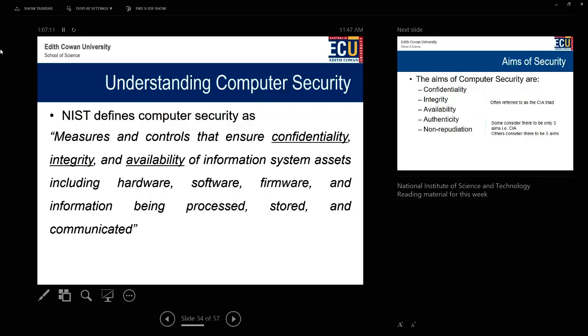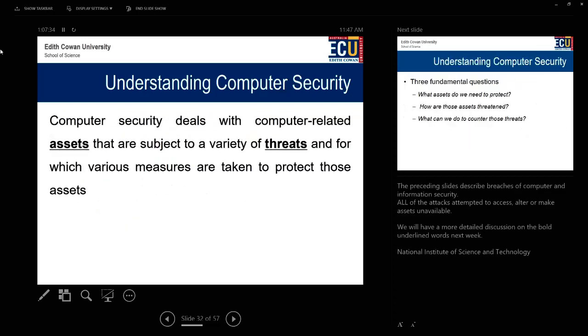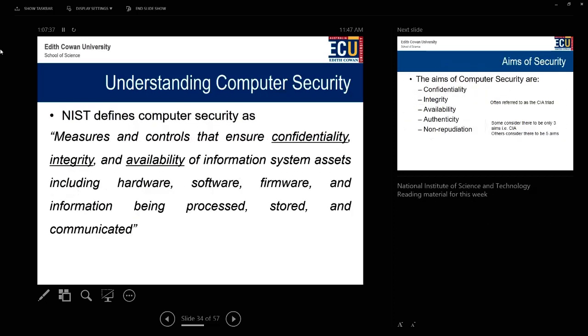I don't want you to waste your time memorizing it, but just try to understand these three critical words: we want to implement controls that ensure confidentiality, integrity, and availability. Out of the NIST definition, you should only focus on these three words and understand the idea behind this definition.